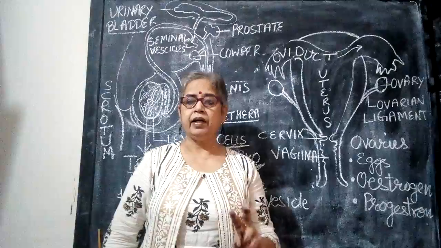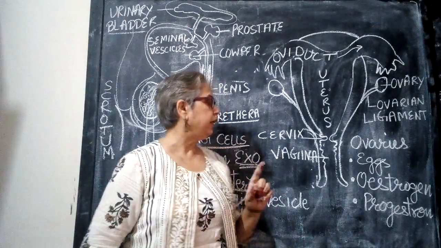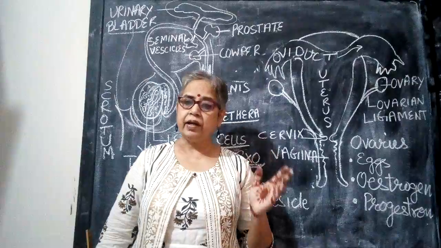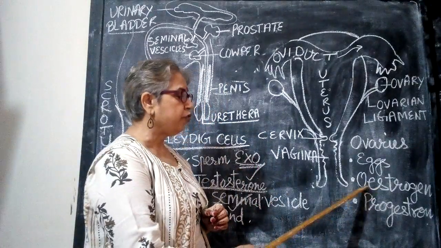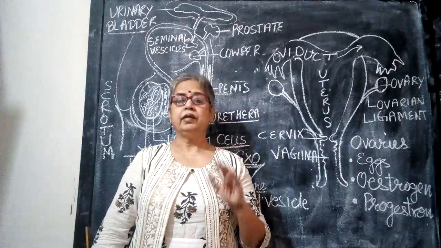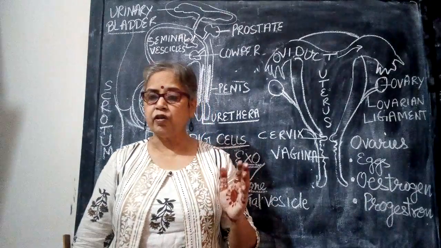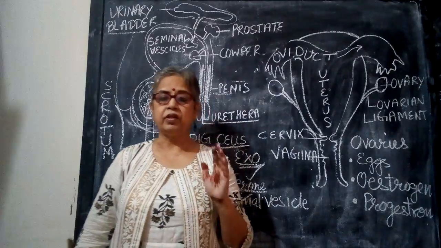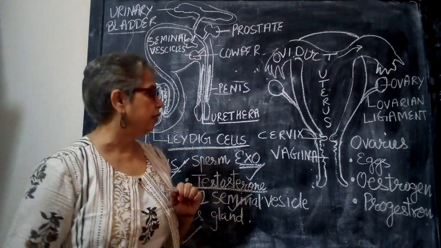It behaves like an exocrine gland when it is producing eggs, and it behaves like an endocrine gland when it produces female hormones, that is estrogen and progesterone. The female hormones are responsible for the production of secondary sexual characters in females.